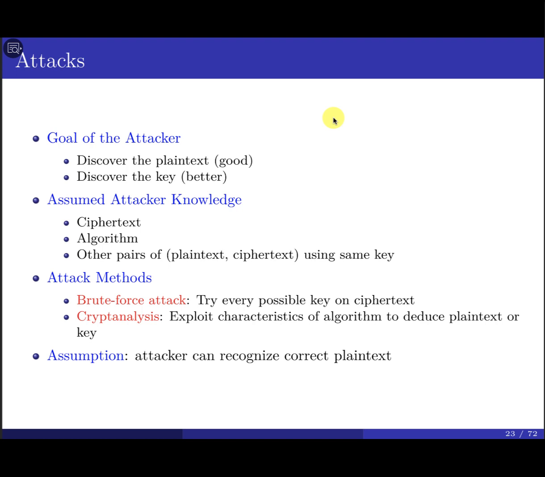The main attack methods: the first one is the brute force attack, where we try every possible key, which takes a long time. Or we use some cryptanalysis technique which tries to find a shortcut to discover the plaintext or the key. And again, we assume that the attacker can recognize the correct plaintext.